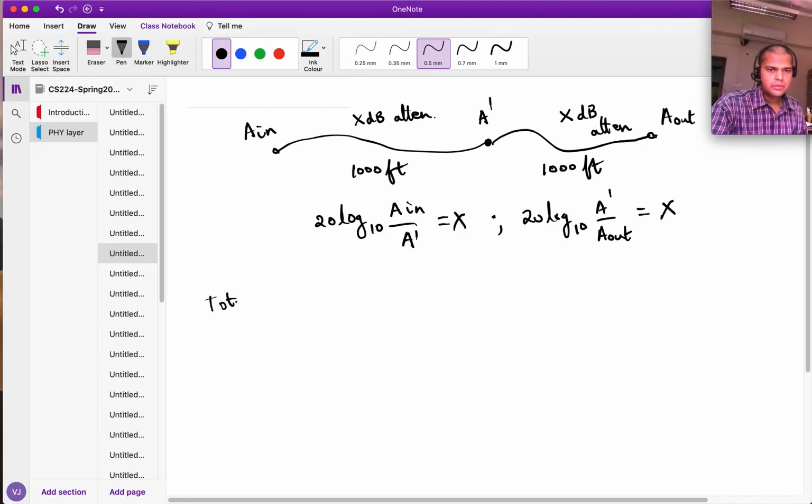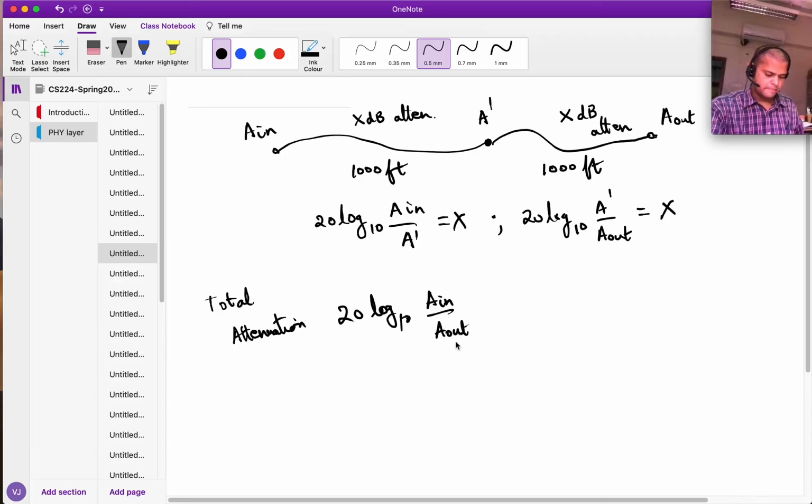So the total attenuation is 20 log to the base 10 A in by A out. That's what we want. Okay. So it turns out you can write it as 20 log to the base 10 A in by A dash times A dash by A out.